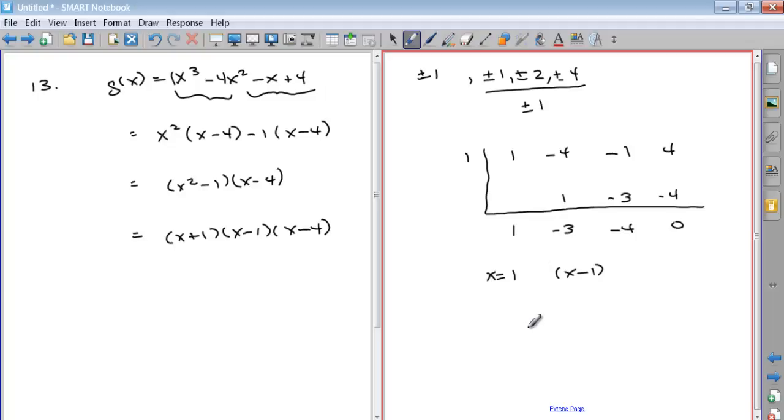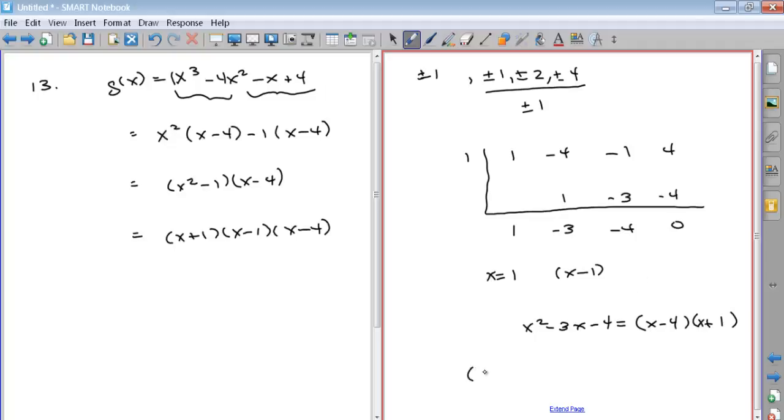You also know that the quotient you have left is x squared minus 3x minus 4, which you could probably factor by observation. What two numbers multiplied together give you -4? -4 and 1, and because you have a negative sign here, you put the negative in front of the 4 and the positive in front of the 1.